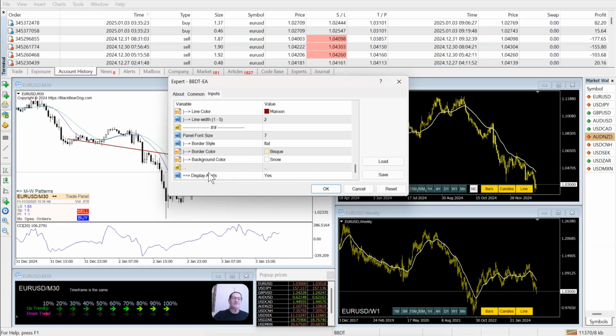And finally, there is a display alert. I have it defaulted to yes, but you can change that easily by setting it to no. What that means is that all the help messages that I have now included in this bot, if you set it to no, will not appear on your trading platform.